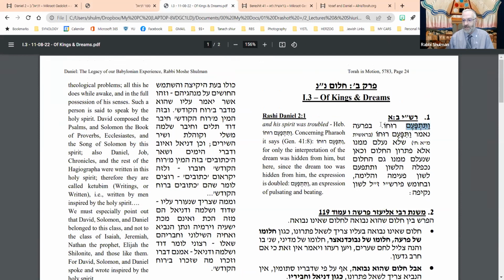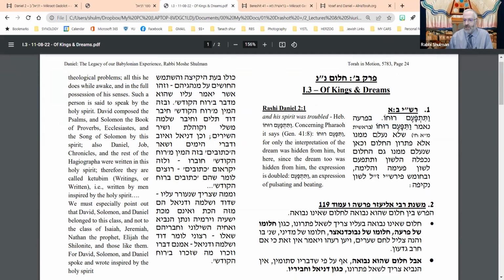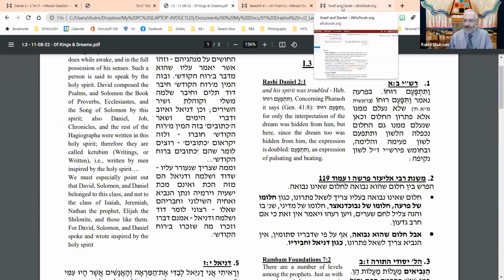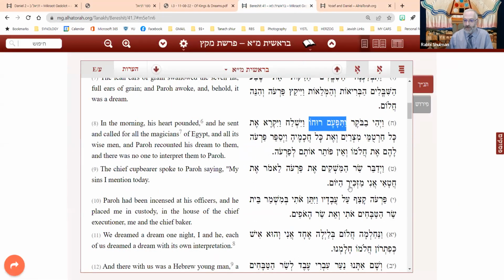Says Rashi, vatitpa'em rucho. What is the significance of this? And so Rashi on this pasuk says, v'paro ne'emar vatipaem rucho. By Paro, it's the same word. It's just a slightly different structure. Says Rashi, shelo ne'elam mimenu ela pitron hachalom. Paro knew the dream. Paro told the dream to his advisors. Right? That's exactly what it says. It says that Paro told the dream to all of the people, and Paro told them the dream, but they couldn't interpret it to his satisfaction.